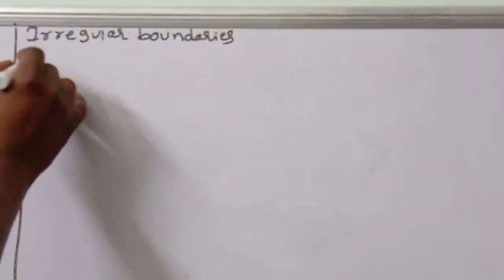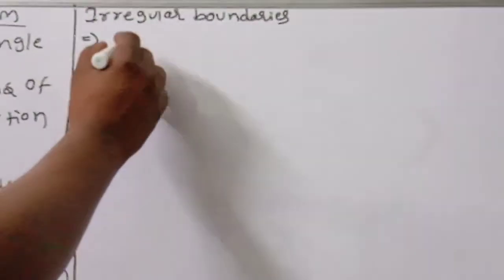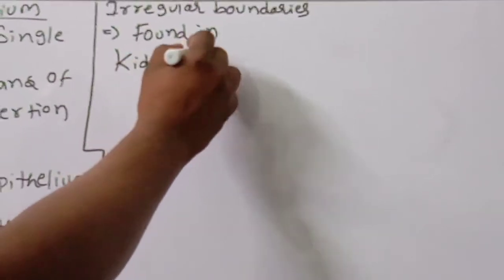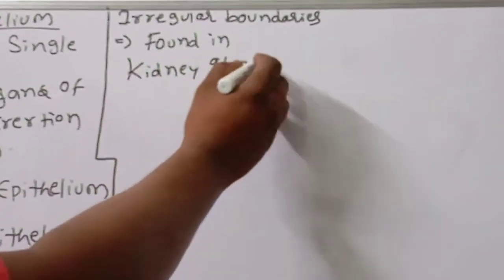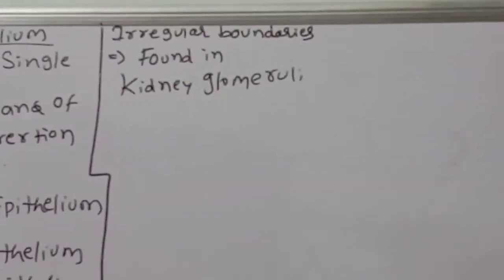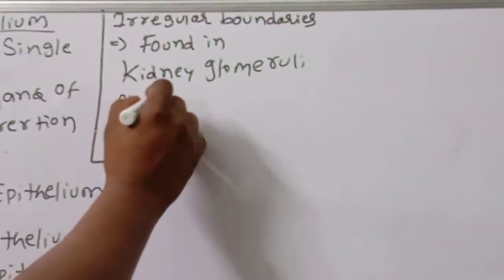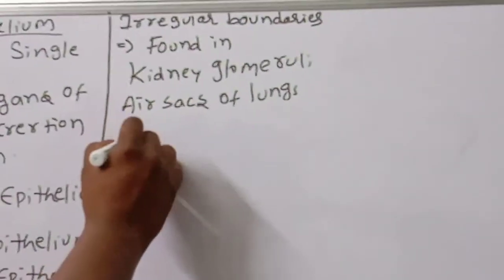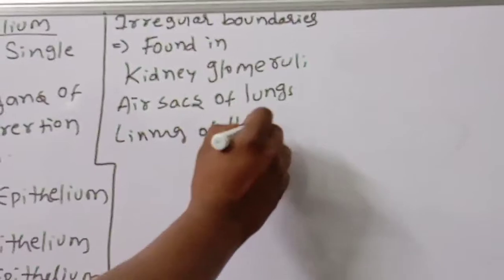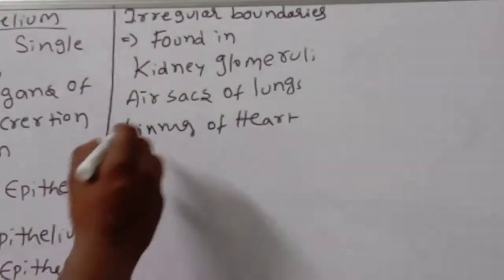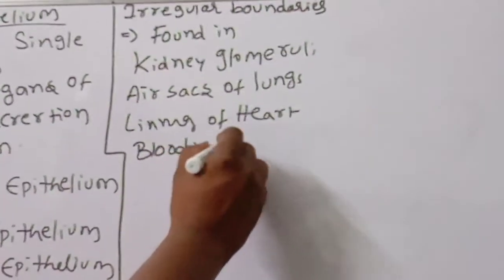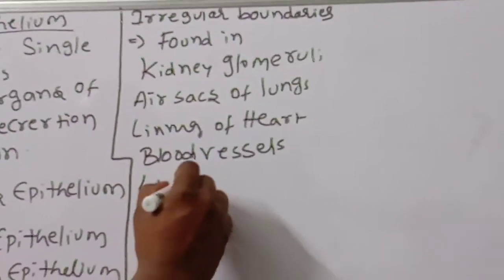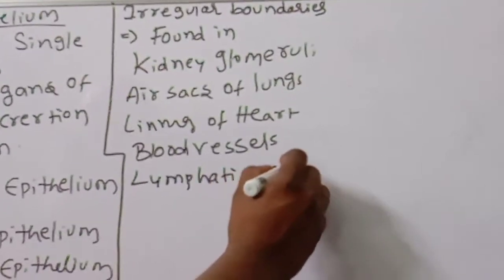They are found in kidney glomeruli, air sacs of lungs, lining of heart, blood vessels and lymphatic vessels.